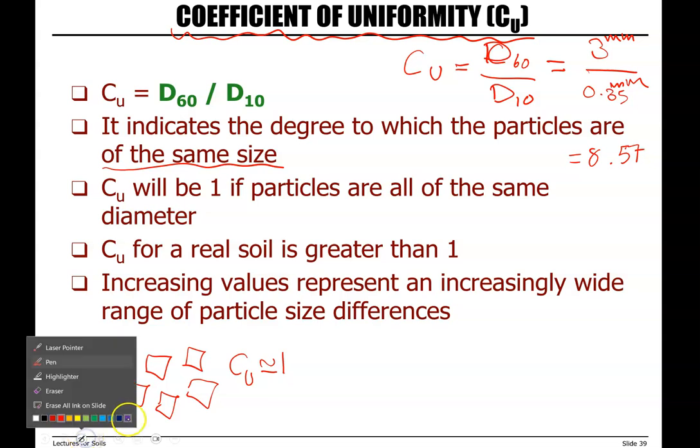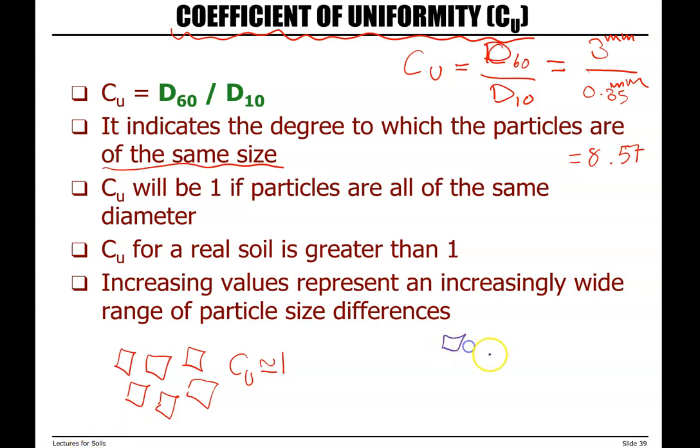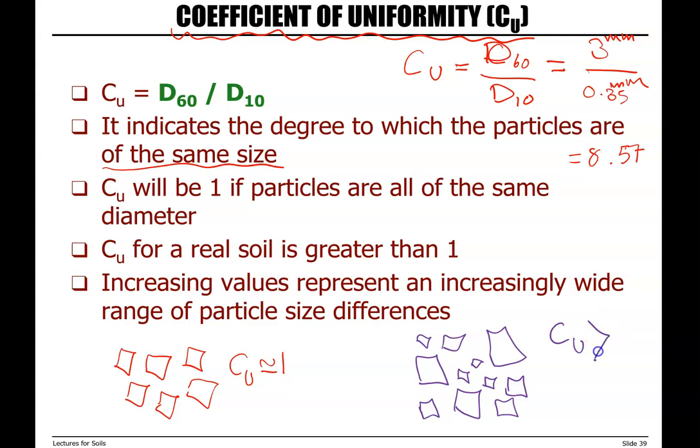But if we have a sample with particles of different sizes, then Cu will be greater than 1.